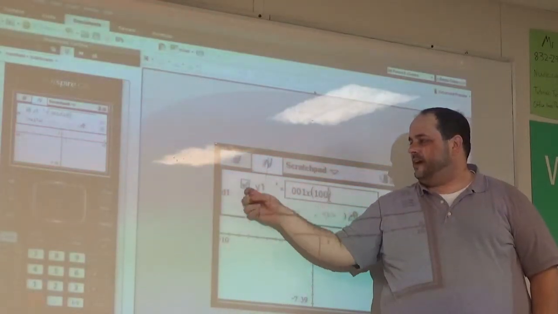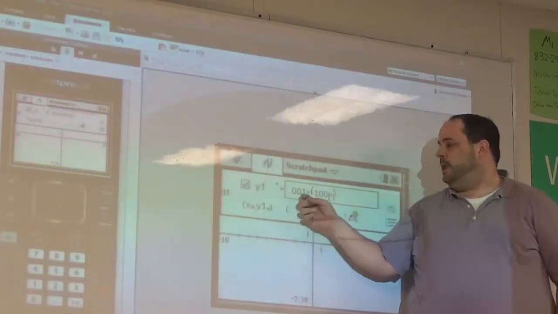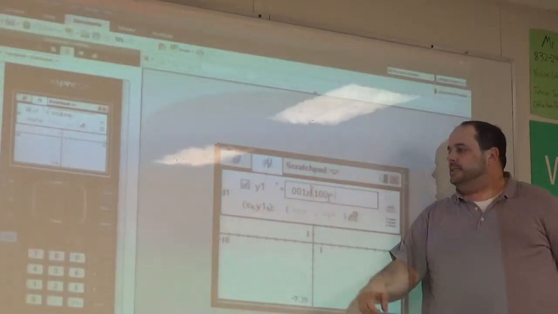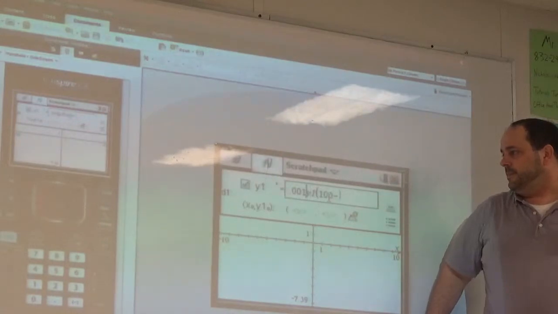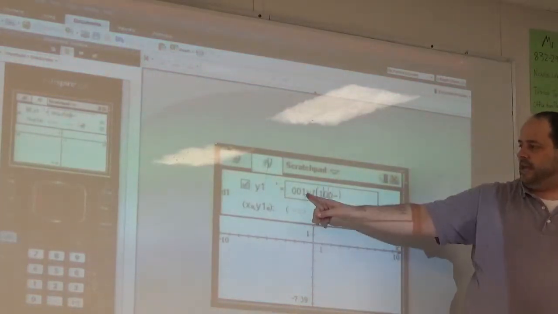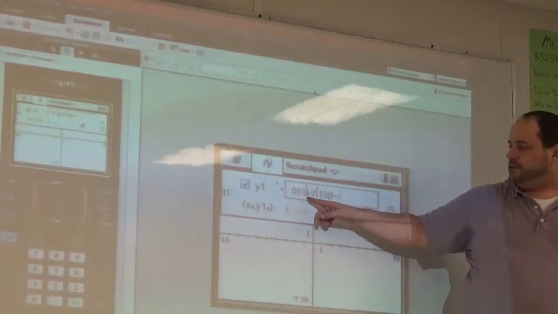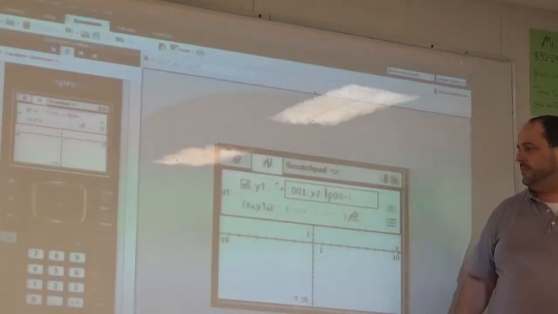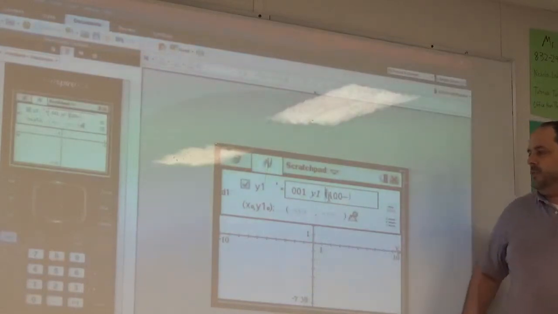Your dependent variable is what they're calling y1. So Roger, over here where you've got x, delete the x and type in y1. And I think you're going to need a multiplication sign between the 0.001 and the y1, and between the y1 and the parentheses. 100 minus y1.